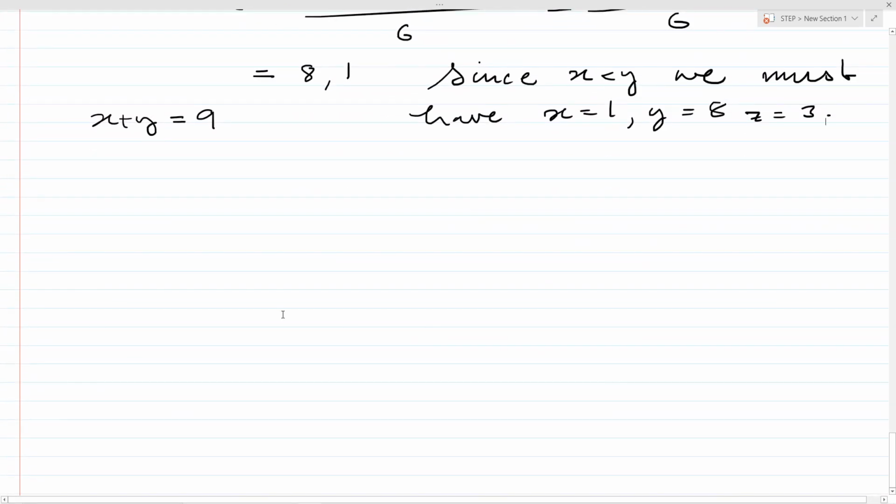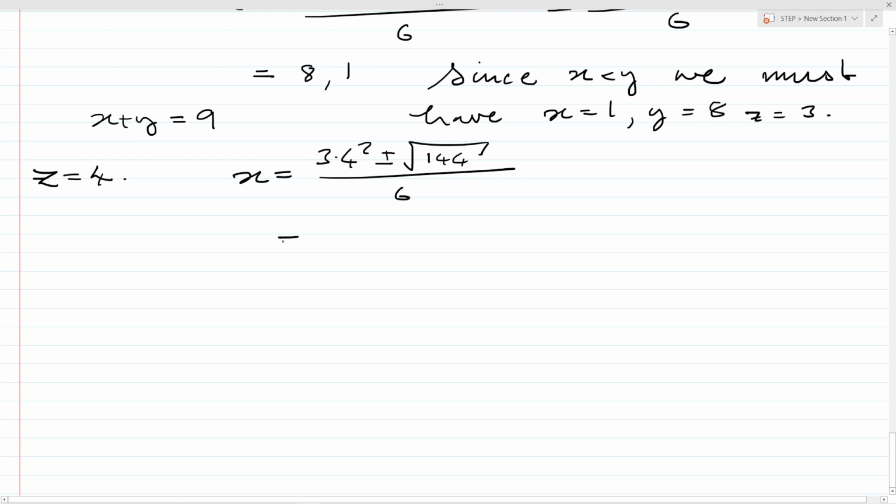So now we have to find the other one, which is z is equal to 4. And when we do that, we see that x is equal to this quadratic expression, which is 3 times 4 squared plus or minus the square root of 144, obviously, and that is 12, over 6. Then we get 3 times 4 plus or minus 12 over 6.